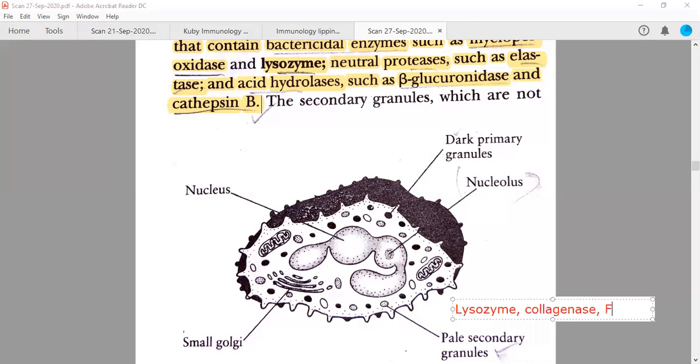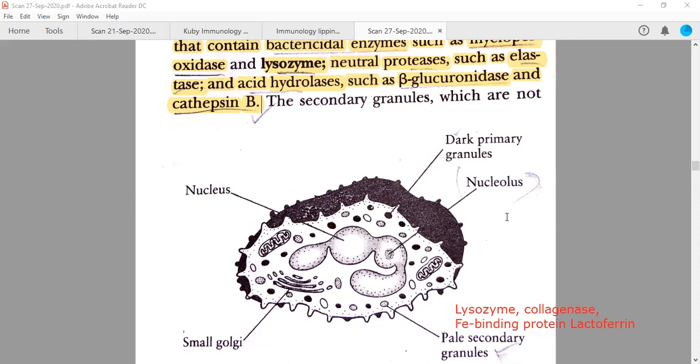And there is an iron binding protein, Fe binding protein, lactoferrin. These are some molecules found in the secondary granules, which are not very electron dense and are pale in color. They have lysozyme, collagenase, and iron binding protein lactoferrin.